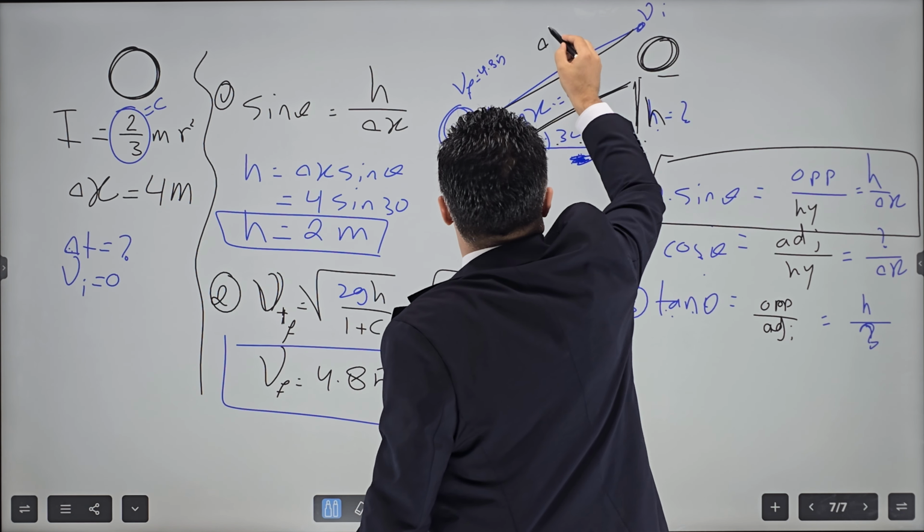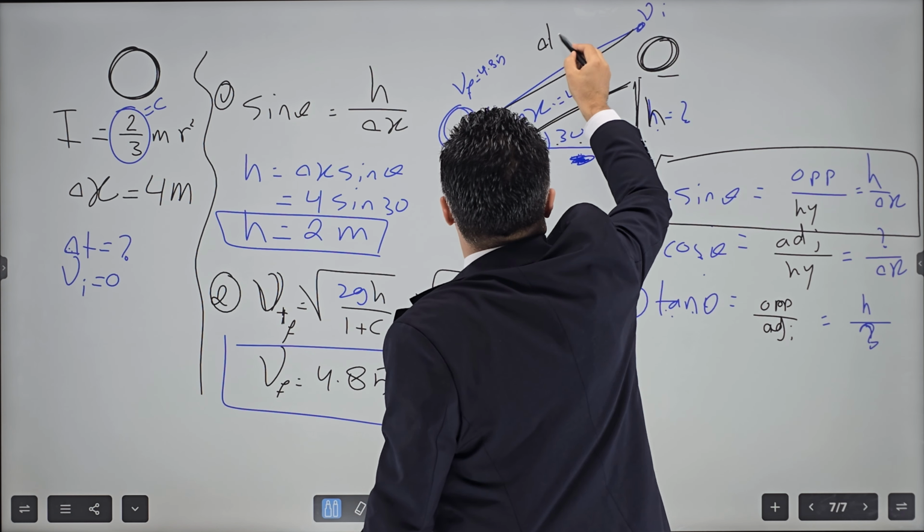So how long does it take to get there? Do you remember the 4 equations that we've used? Because the object is moving in a straight line at this point here, we can use the translational 4 equations of motion to find how long it takes. So let me just erase this part.